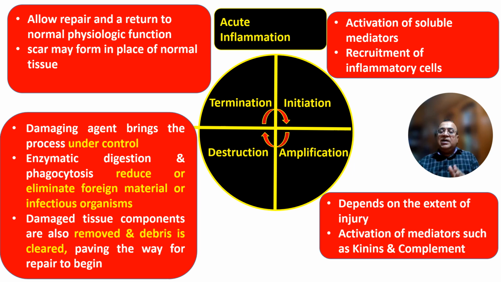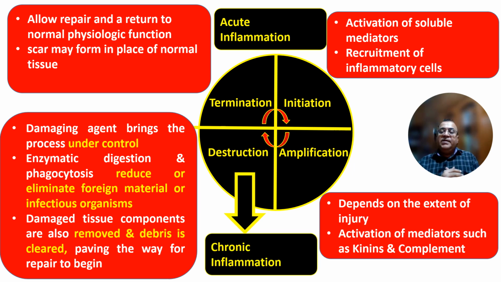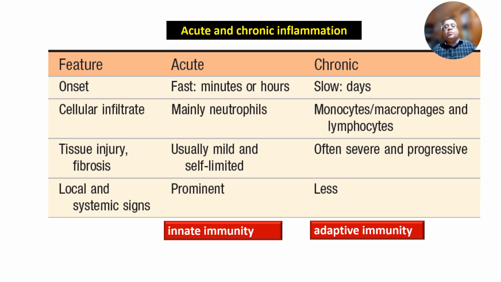If the body is unable to go through these 4 steps and the inflammation is not terminated, or the inflammatory or infective agent is not destroyed, it will undergo a chronic process, and that is the chronic inflammation. So this is a table from Robbins Basic Pathology, and it is differentiating between acute and chronic inflammation.